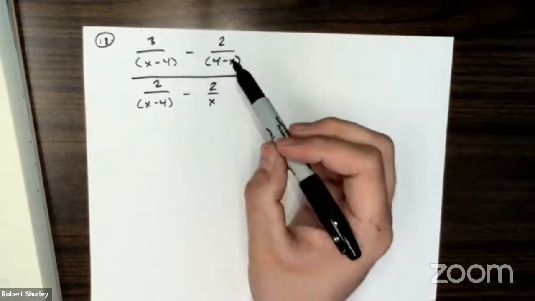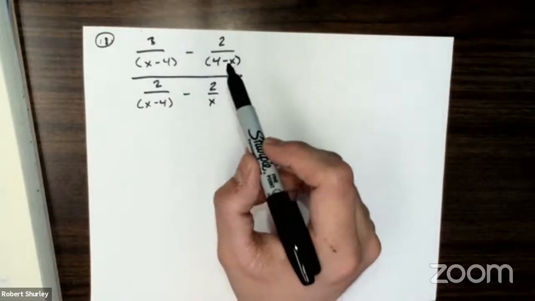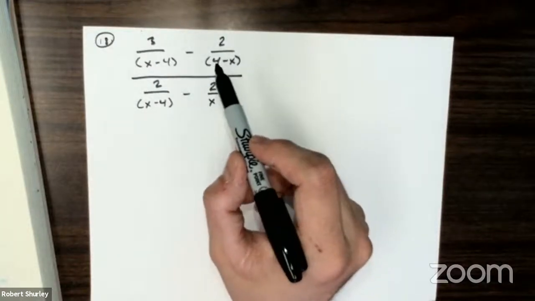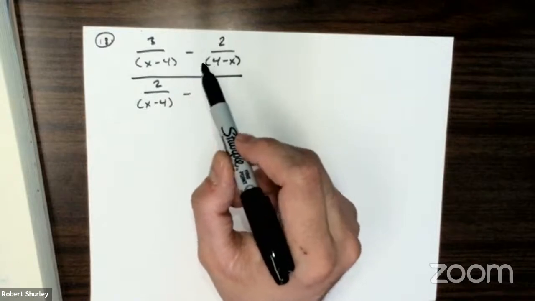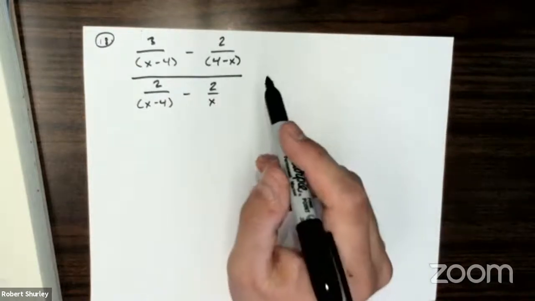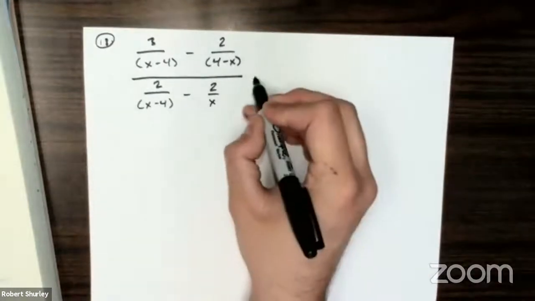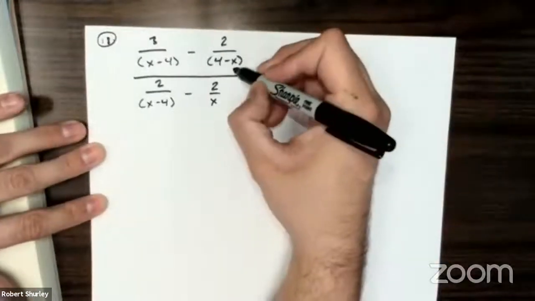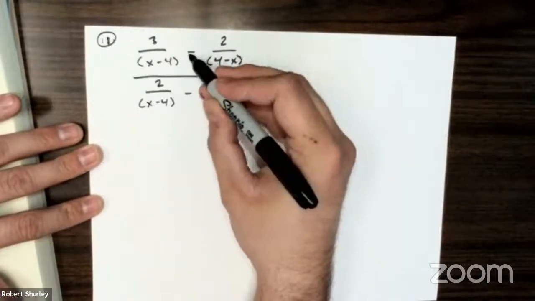But remember, Dr. Martin Gay, the author of this book, for some reason loves this goofy trick where you can move the x to the front and the 4 behind the subtraction by factoring out a negative. We did that in the last lecture. If this doesn't look familiar, go back to the last lecture. I went over it in more detail then. But what happens is we can switch this 4 minus x into an x minus 4 by factoring out a negative.